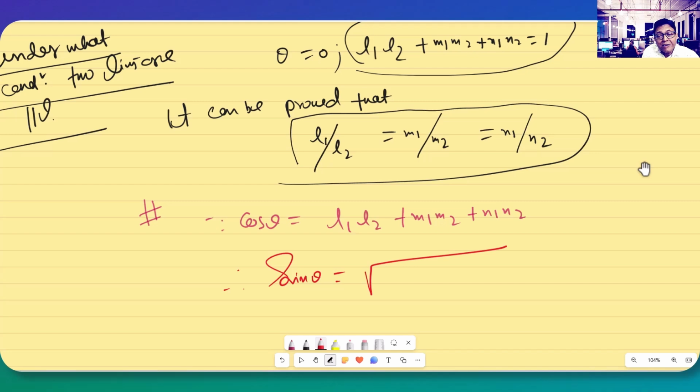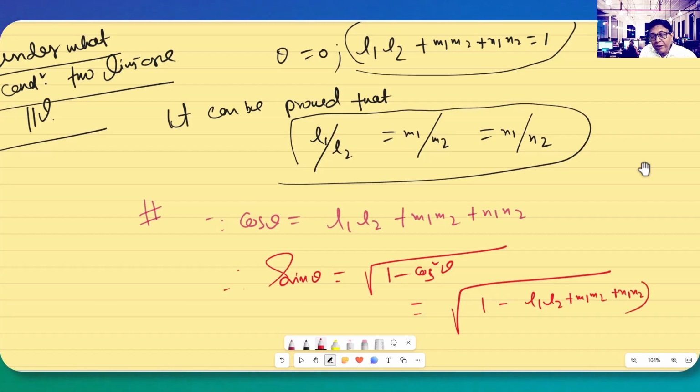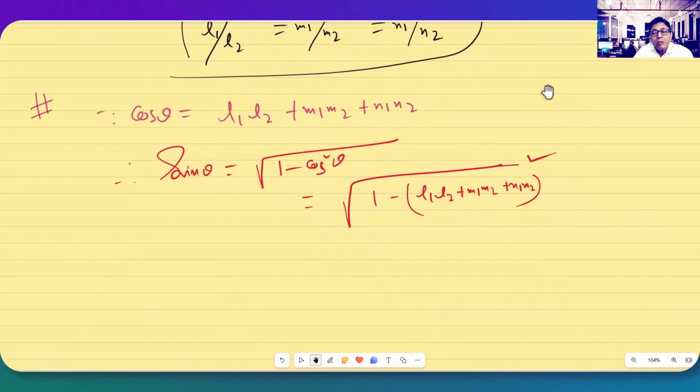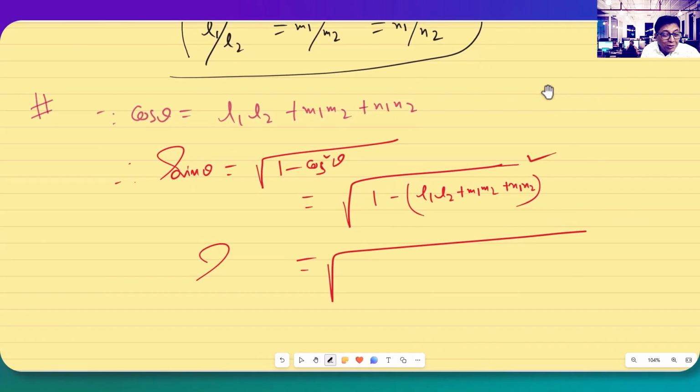sin squared theta is 1 minus cos square theta, you know. Put the value over there, 1 minus L1 L2, M1 M2, N1 N2 whole square. Now, this 1 is product of two 1s.